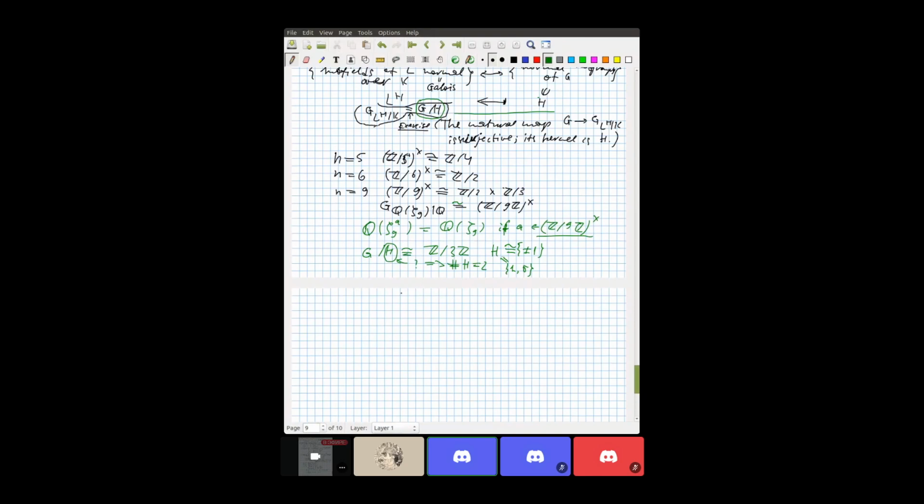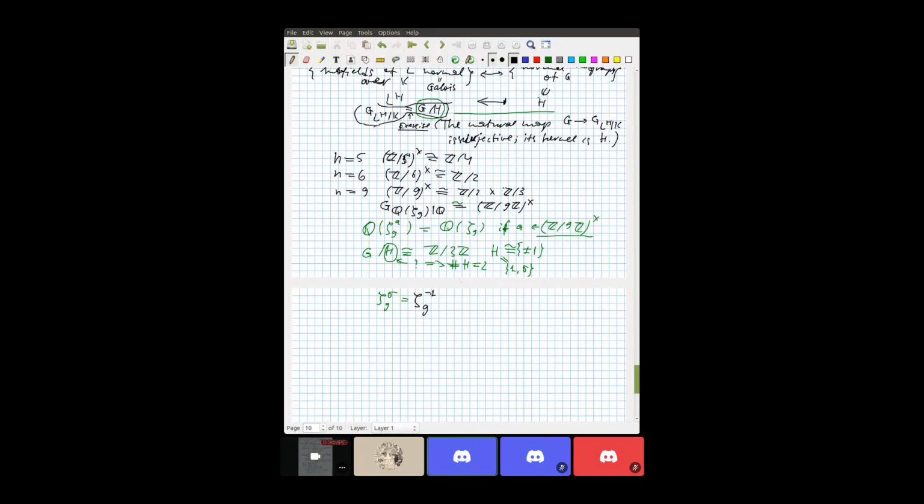So what is zeta 9 under sigma? How does sigma act on primitive roots of unity? It should be a non-trivial automorphism whose square is 1. It is called minus 1. Then zeta 9 under sigma equals zeta 9 inverse.